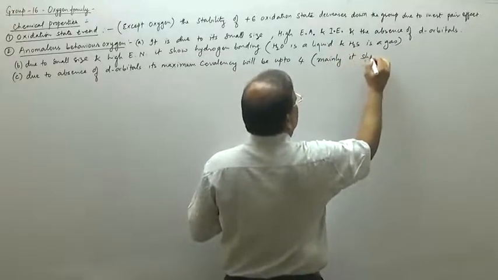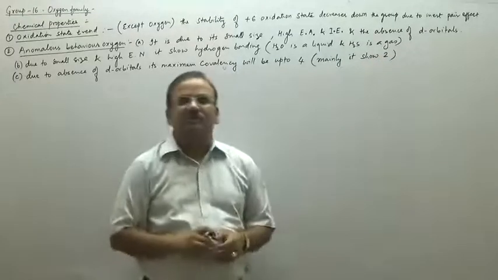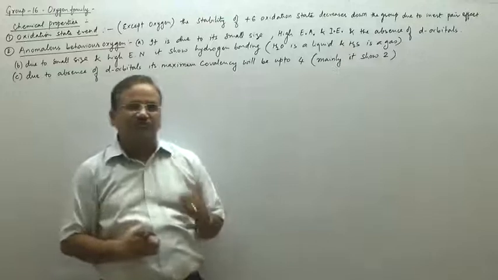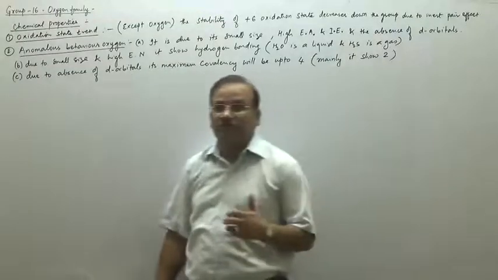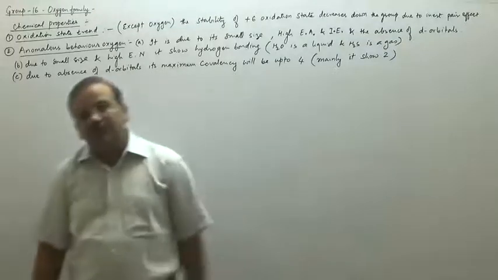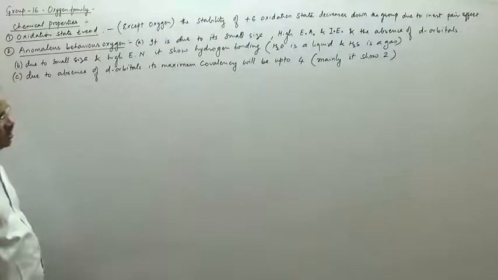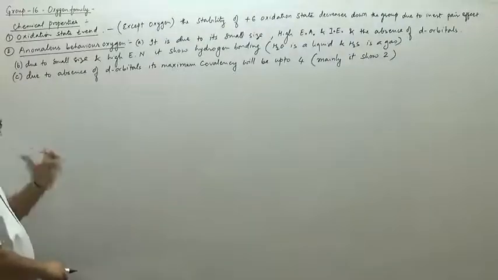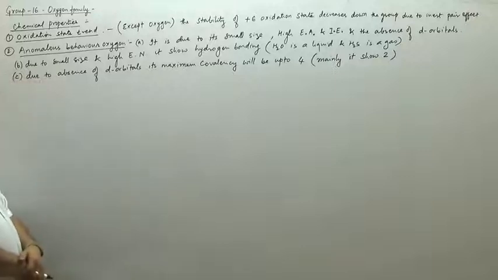So in most of the compounds you will see that oxygen forms only 2 bonds. It doesn't form 3 bonds. If it forms 3 bonds, then we know that there will be a positive charge on the oxygen atom. So like that, we say that its covalency is equal to 2, mainly in the compounds. So we can write like this.